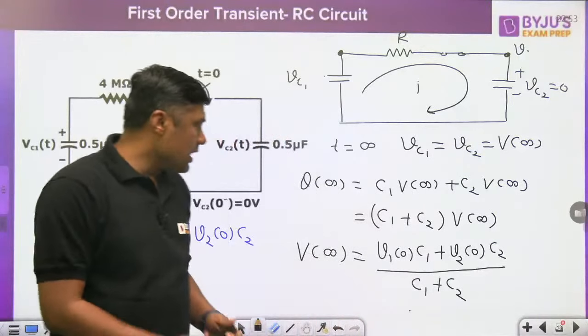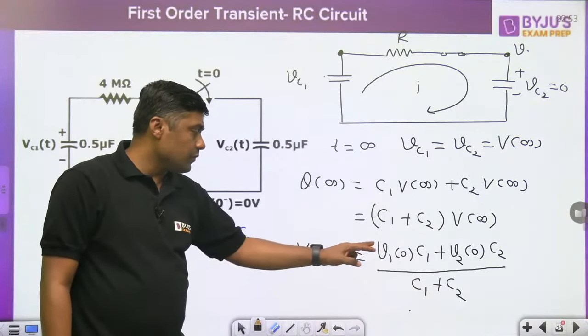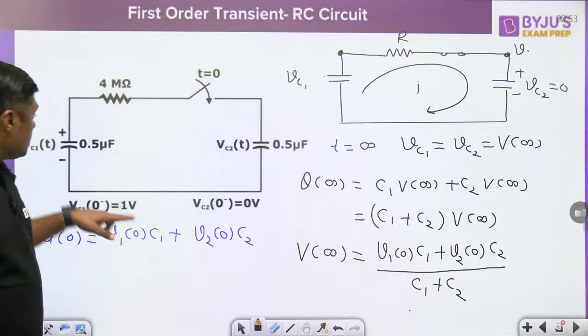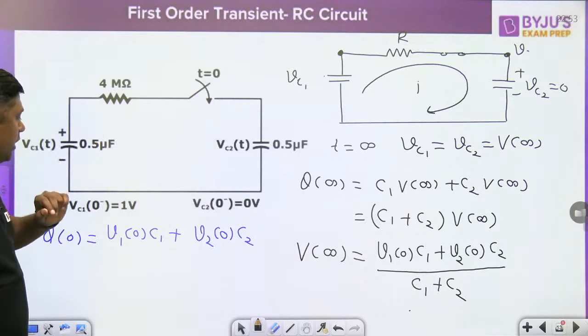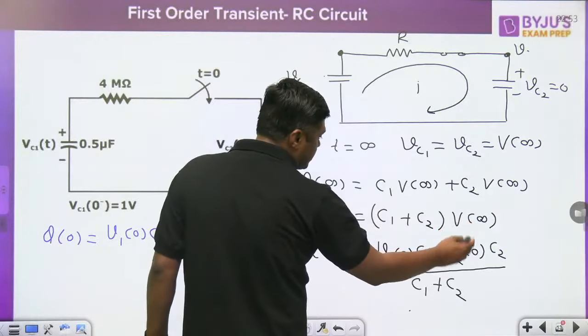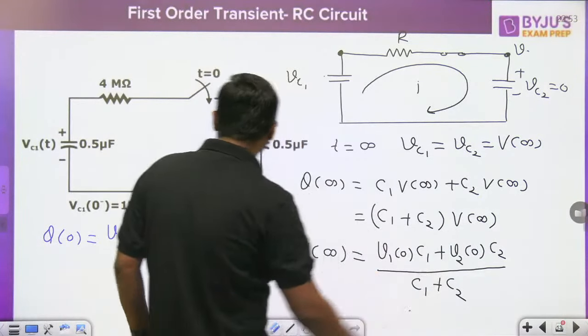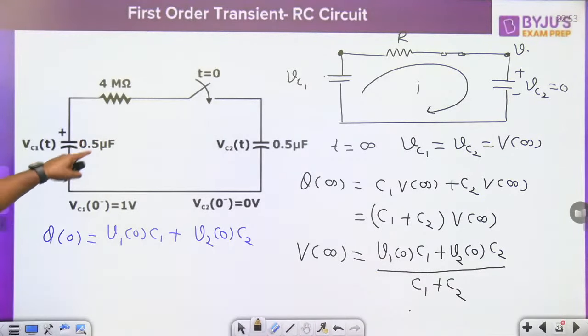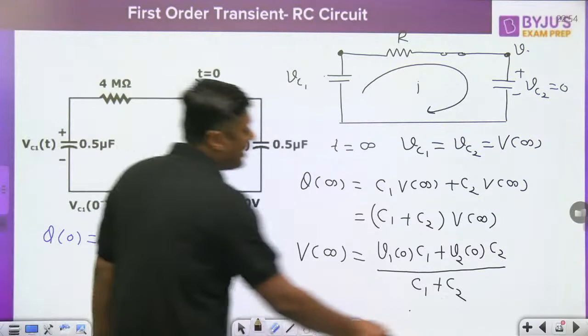So what is the answer? What is the initial voltage across the first capacitor? 1 volt. What is the value? 0.5 microfarad. So 1 into 0.5 microfarad you can multiply. What is the initial voltage across the second one? That is 0, so that will act as 0, plus C1 plus C2, which is 0.5 plus 0.5 microfarad, it will become 1. So what is V infinity?